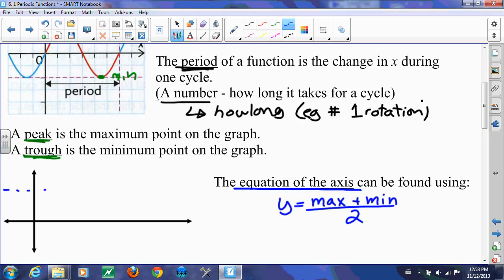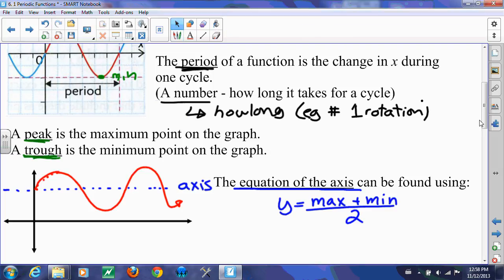So just imagine, guys, this being my axis right here. Okay, and I have a wave-like motion. Okay, so in my wave-like motion, I'm going to have a maximum, which is up here. And those are both maxes, by the way. Okay, I'm going to have a minimum down here at either one of these.